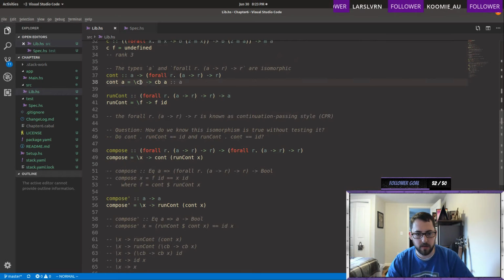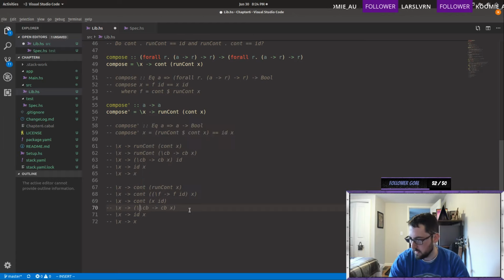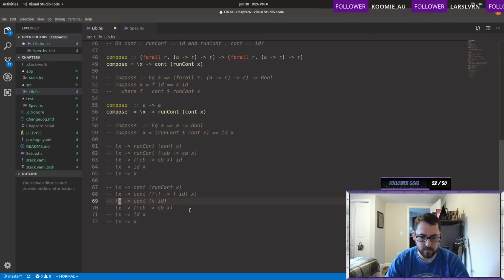It takes an A and a callback. Because this is really like... But you're only giving it the A. How? Right. This X is that explicit for all.